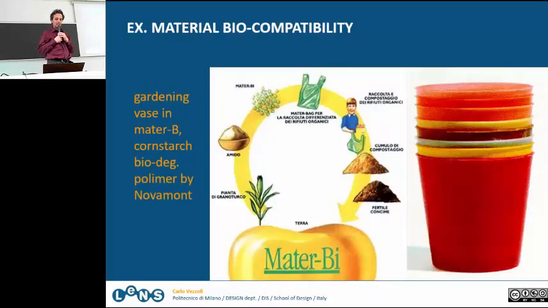And then material. So we made some better examples of biodegradable material and renewable material. Many times biodegradable and renewable are the same. So when a material is renewable, it could be biodegradable. This is the case of Mater-Bi, which is produced by Novamont.